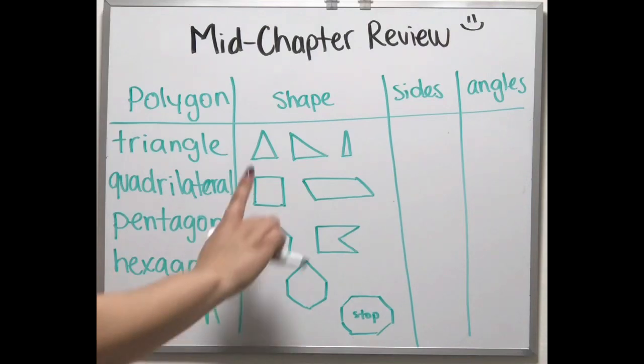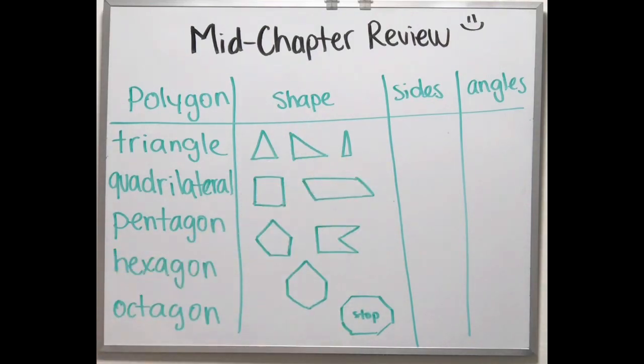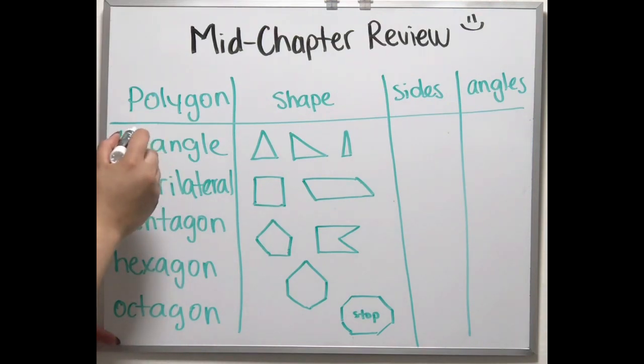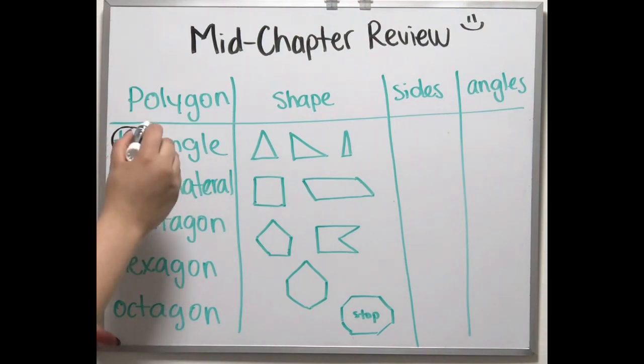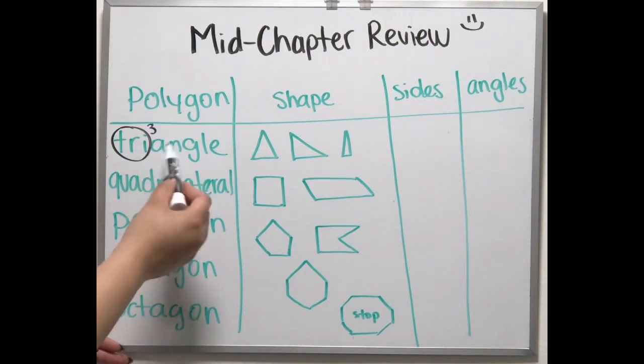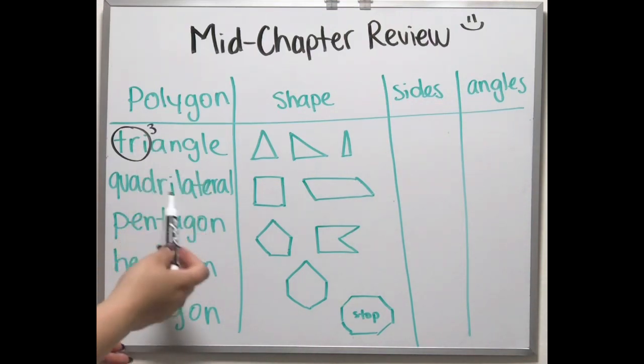So if you don't have a picture, a shape drawing for the polygon, you can actually use the words as a clue. Triangle has this word right here, tri. This right here means 3. It actually sounds like 3, right? Triangle, 3. Okay, so you can go ahead and do that if it works for you.